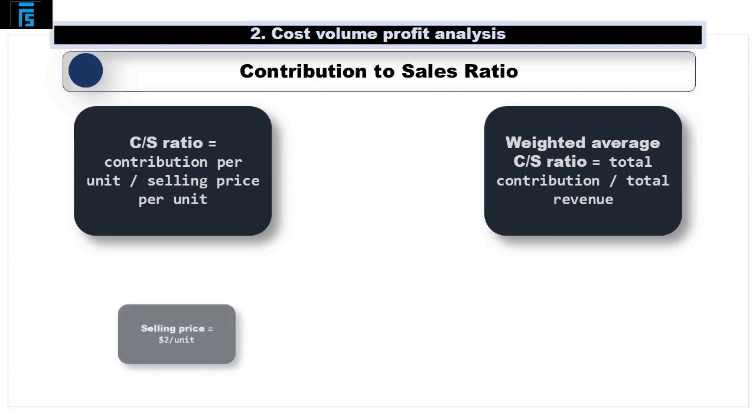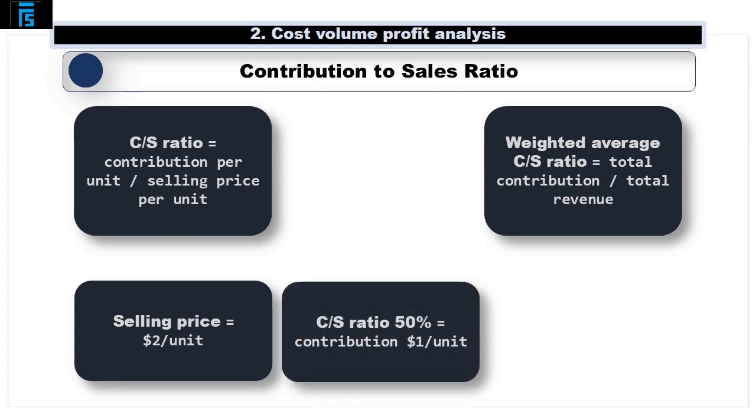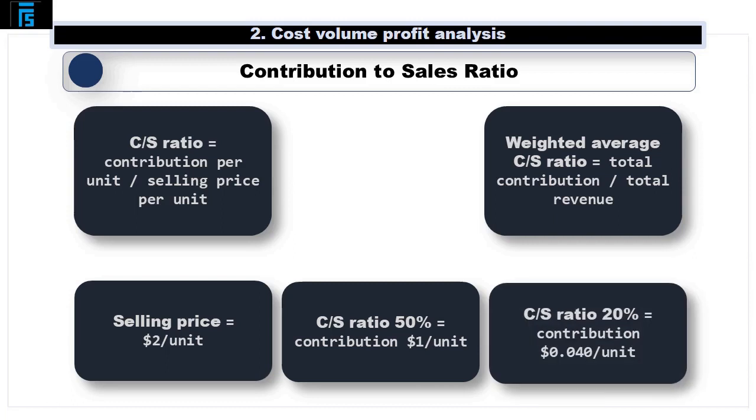So if a product sells for $2 and has a CS ratio of 50%, this means that we have generated $1 of contribution per $2 of revenue, or 50 cents of contribution per dollar of revenue. Whereas if the CS ratio were 20%, we are only generating 40 cents of contribution per $2 of revenue, and therefore we need to sell more units to generate the same overall total contribution to cover the fixed costs.